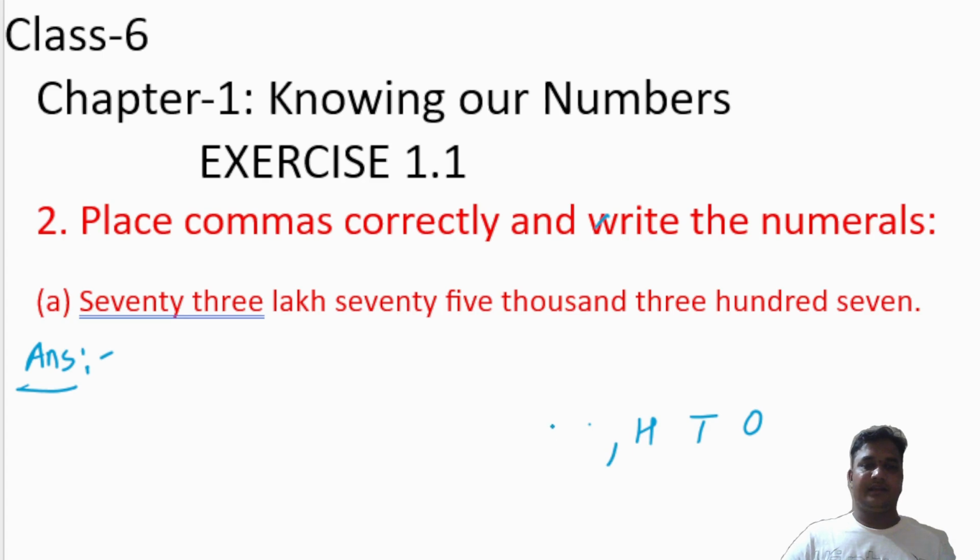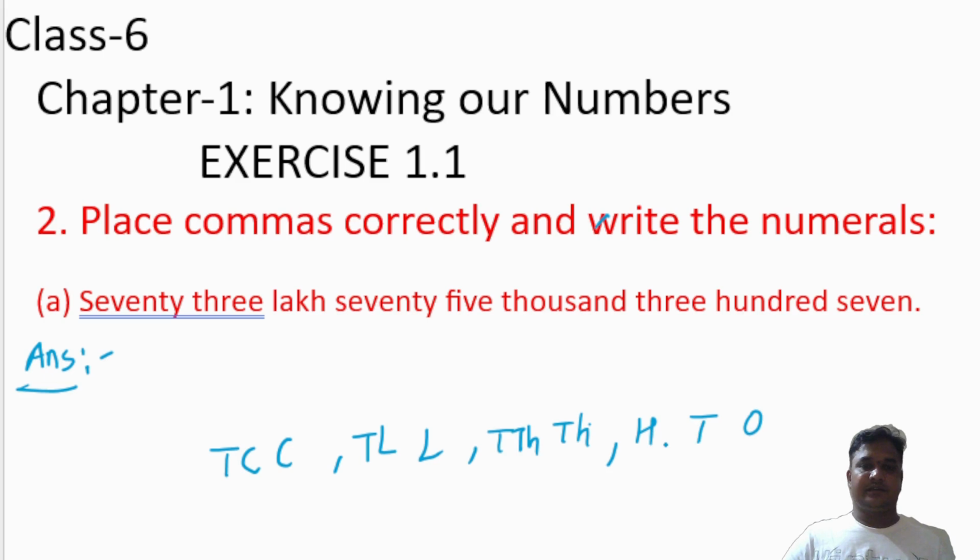Then later 2 digits, thousands, 10,000s, comma. Lakh, 10 lakh, comma, crore, 10 crore. So this is the Indian system place value chart.